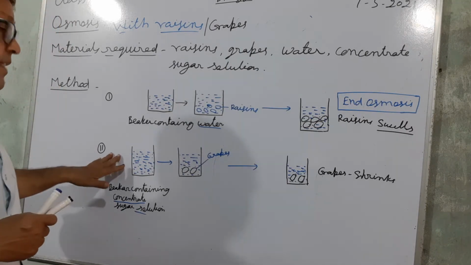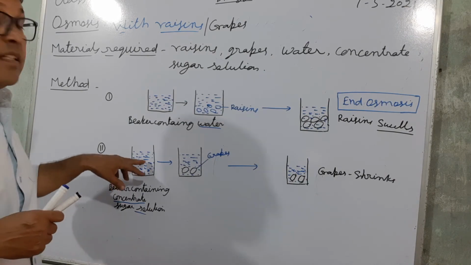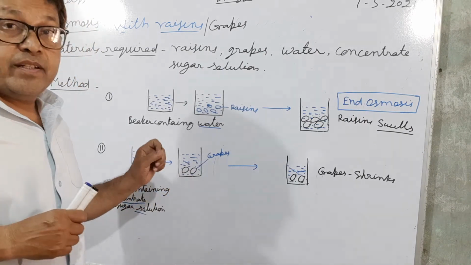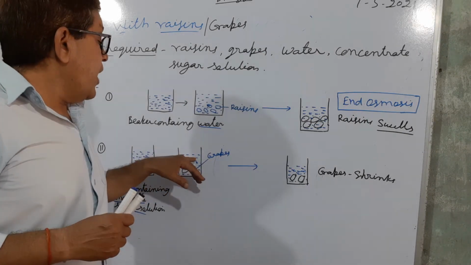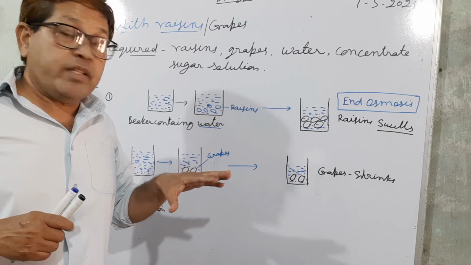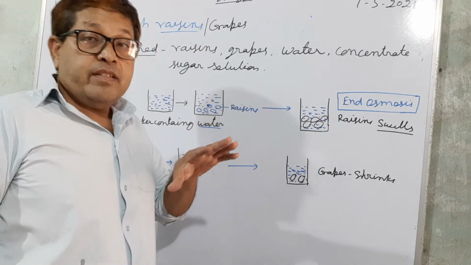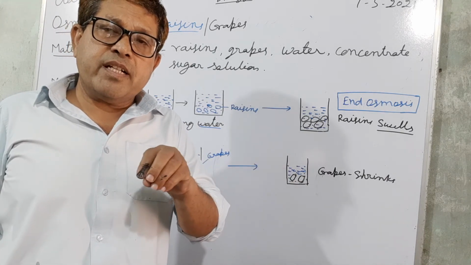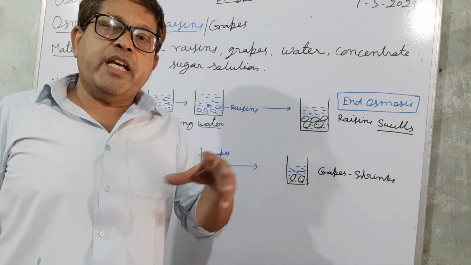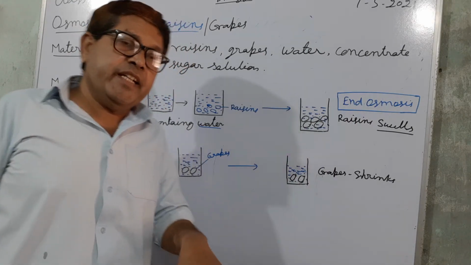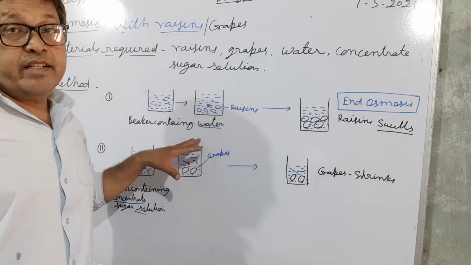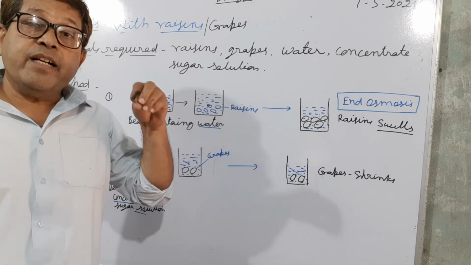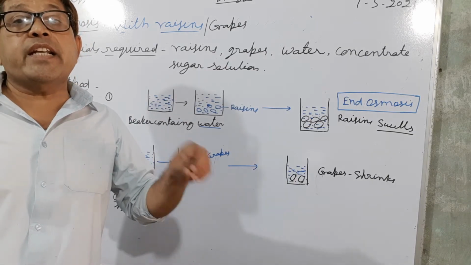And here in the second experiment, this is concentrated sugar solution and this is grapes. Outside it is the concentrated sugar solution and inside are the grapes. Comparatively, outside there is less water concentration in comparison to the inside of the grapes.